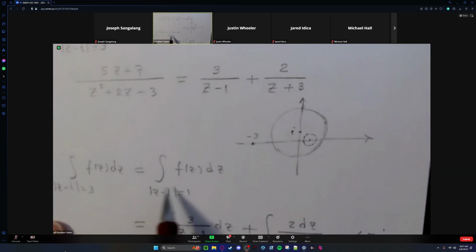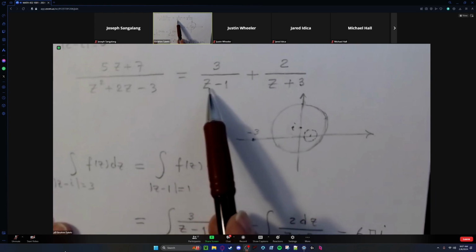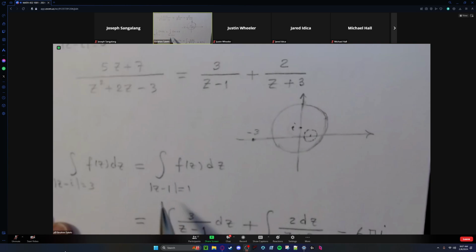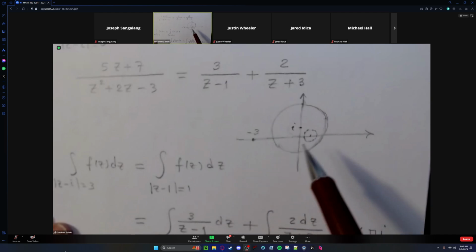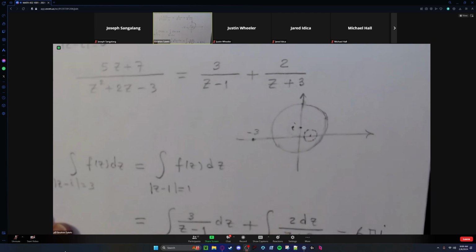So this is what I get after doing partial fractions. I only need to integrate over the inner boundary. For this one, if I integrate over this, the function is a beautiful function. The bad point is way outside.